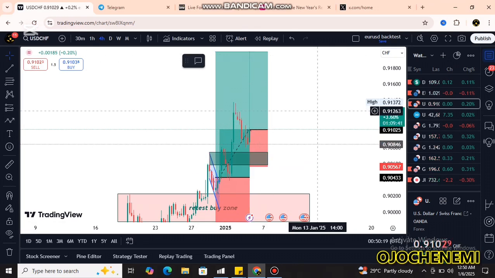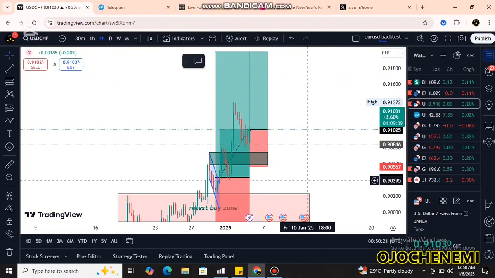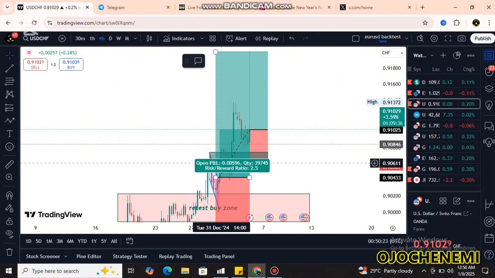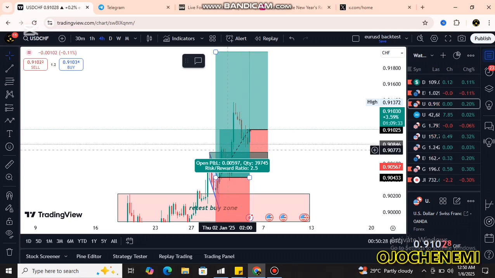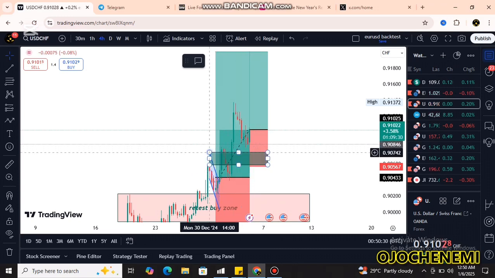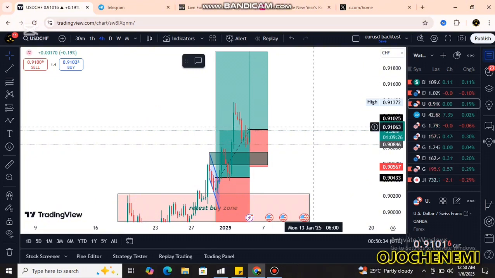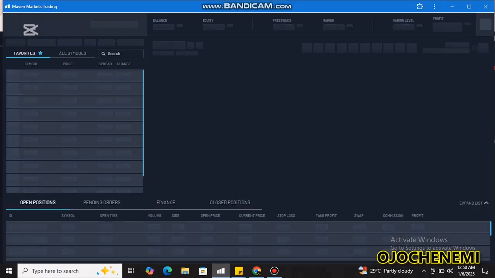You understand what I'm saying? Because while I entered the trade, it has retested on this previous low back here. So the buyers should push it up. If the buyers push it up, fine. That's my view.